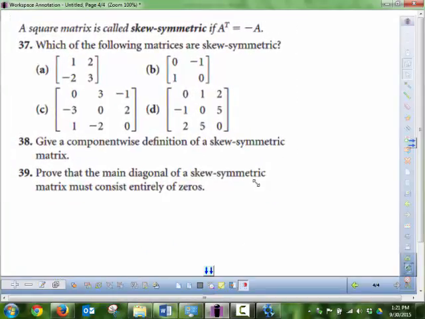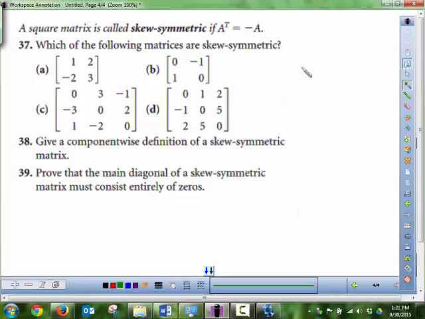Which of the following are skew symmetric? What do we want to do to check? We take the transpose and compare it to the negative of A. Let's look at problem A. What's the transpose of 1, 2, negative 2, 3?